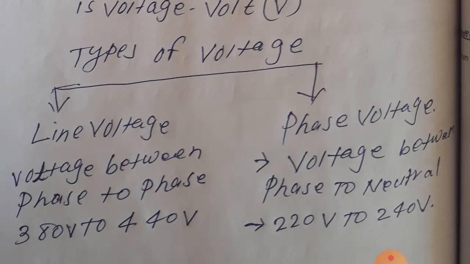Yellow to neutral is also around 220 to 240 volt. Blue to neutral is also the same. So this phase voltage is also called the single phase.